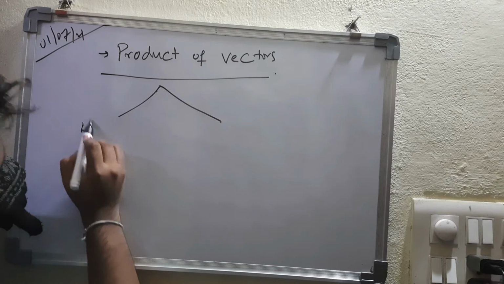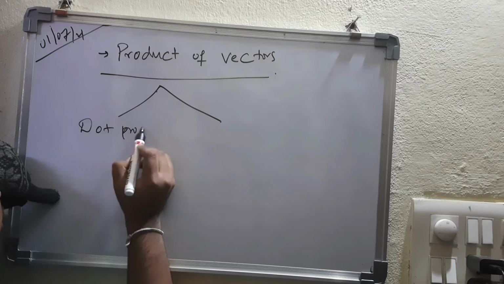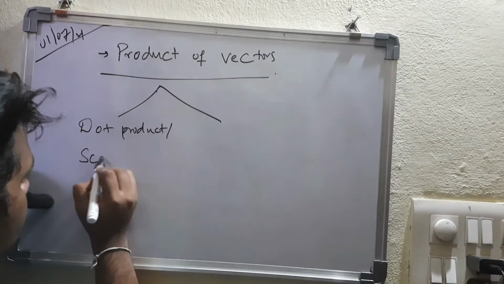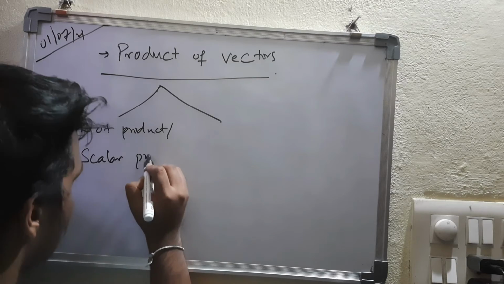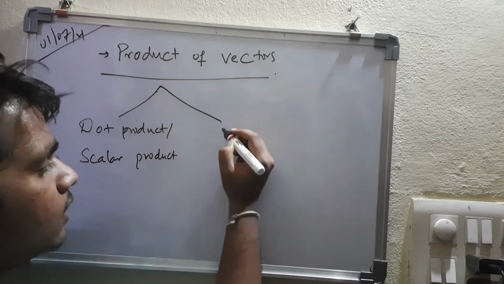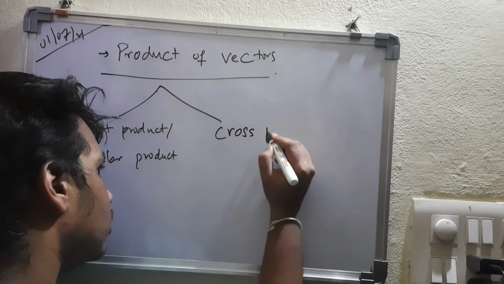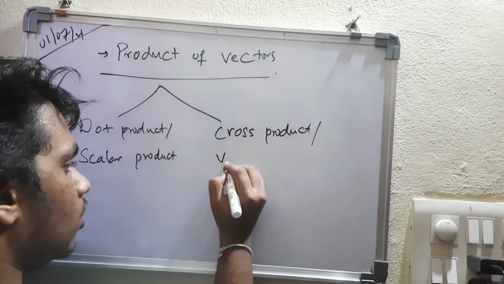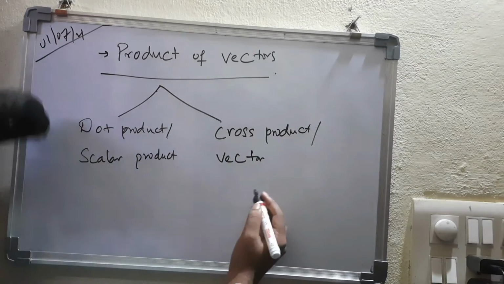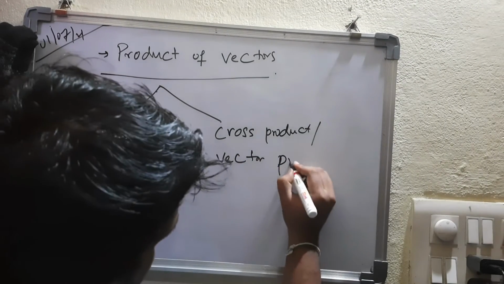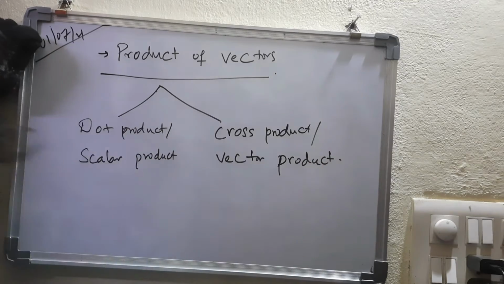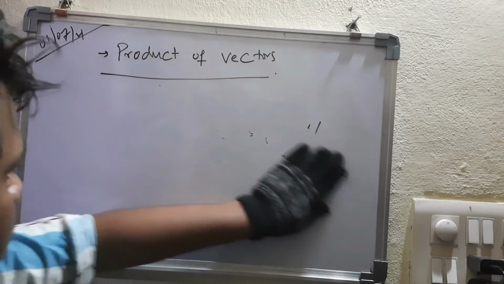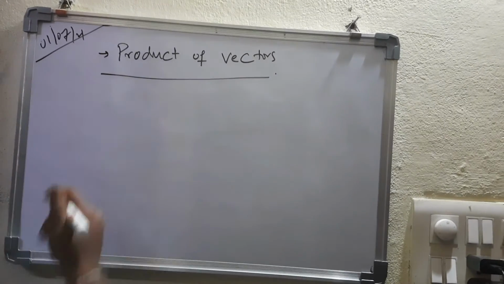One is the dot product, also called the scalar product. The other is the cross product, also called the vector product. We will discuss the dot product first.